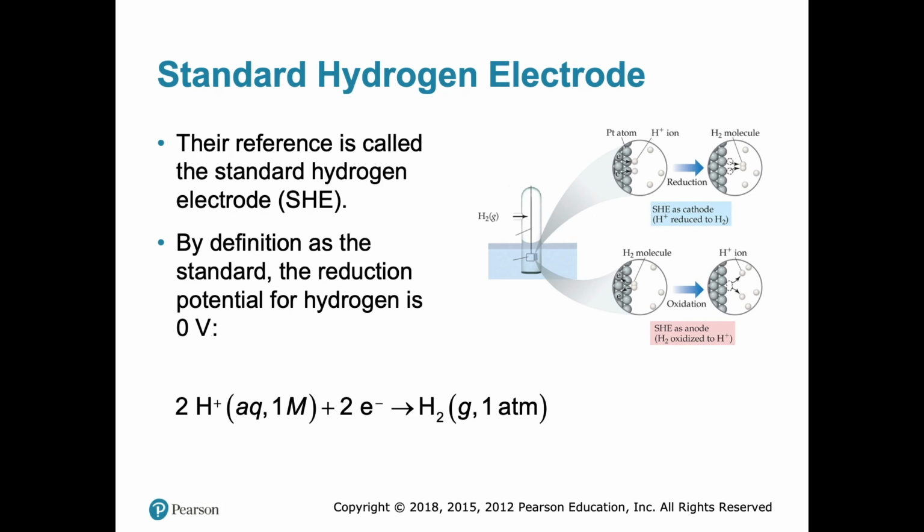On the other side, we have H2 molecules reducing the metal, and then they're getting oxidized, becoming protons. So the SHE as a cathode, protons are being reduced to hydrogen gas, but the SHE as an anode, hydrogen gas is being oxidized to protons. And that's what all the standard reduction potentials are based on.